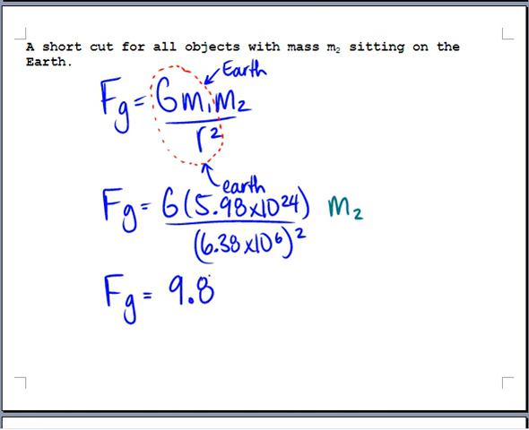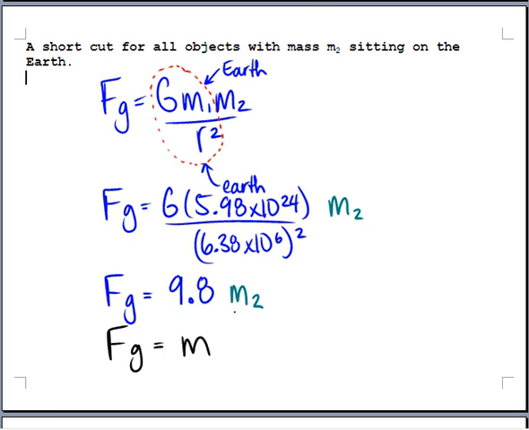Now in this case, it actually turns out that the 9.8 isn't meters per second squared. It's got units of newtons per kilogram. But the equation ends up looking like that. On your formula sheet, we don't actually write it as 9.8 times M2. We call it the force of gravity equals, we just change up the order.